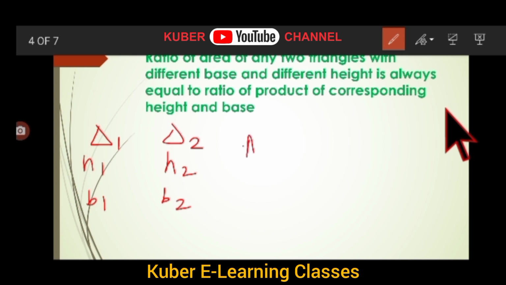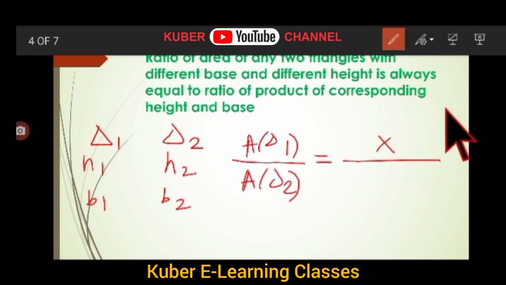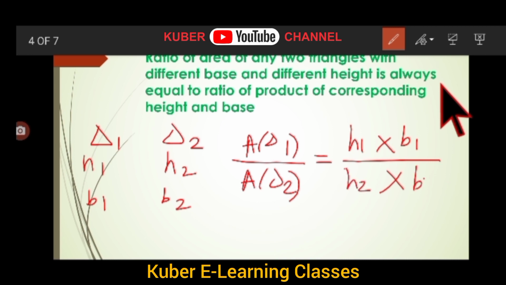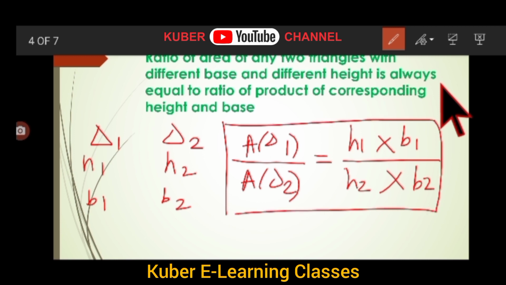The ratio of areas of any two triangles is equal to the ratio of the product of their corresponding heights and bases. So for triangle 1 it is h1 b1, and for triangle 2 it is h2 b2. Remember, this is the first property.